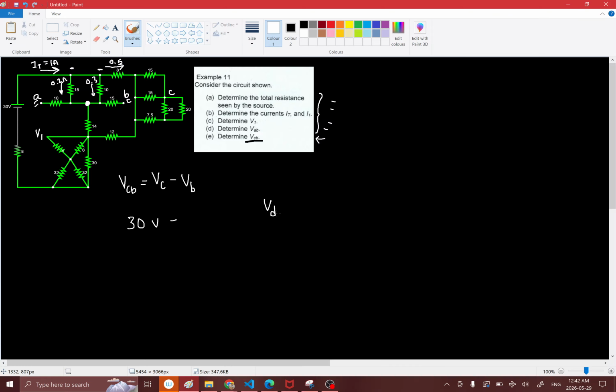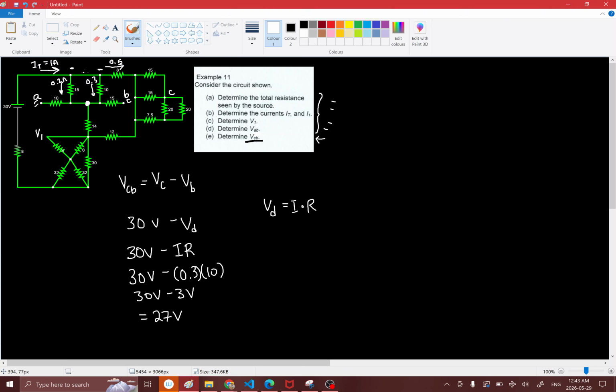The voltage drop through a resistor is equal to the current moving through the resistor multiplied by the resistance of the resistor. So that's 30 volts minus the current moving through this resistor, 0.3 amps, times the resistance, 10. What we end up getting is 30 volts minus 3 volts, and that's equal to 27 volts.